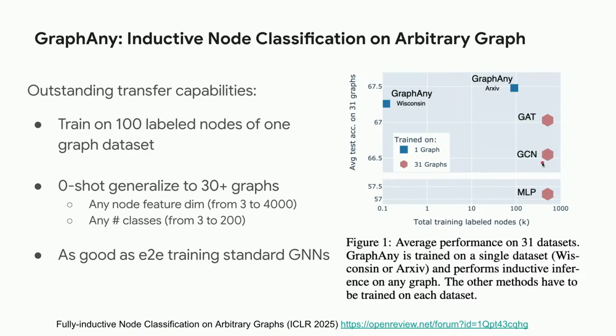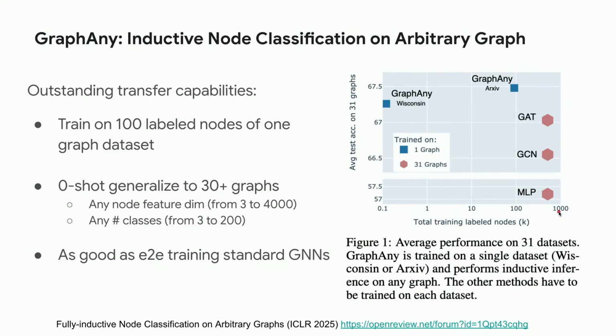So it has pretty good transfer capabilities. We train the model on a bunch of different existing datasets. You can train it on one, you can train on 5, and so on. Training a single model on Wisconsin, which has like 100 training nodes or even fewer, we can generalize to the entire suite of PyG datasets.